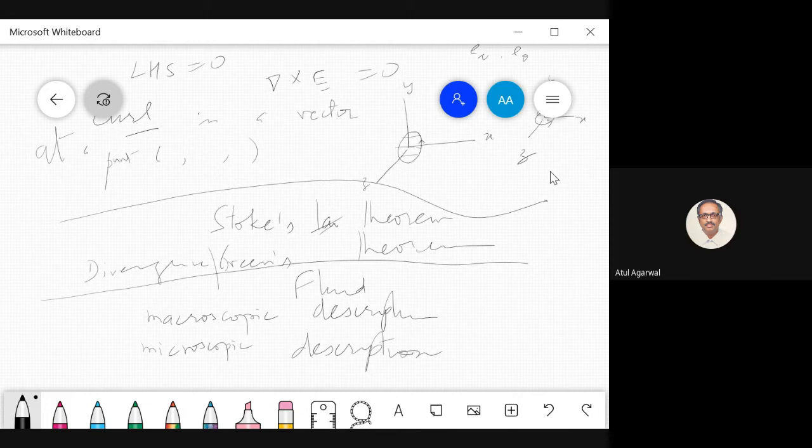Now, what happens in this averaging process? You lose out some information. You lose out information on dissipation at those small scales, whatever energy that may be getting dissipated.